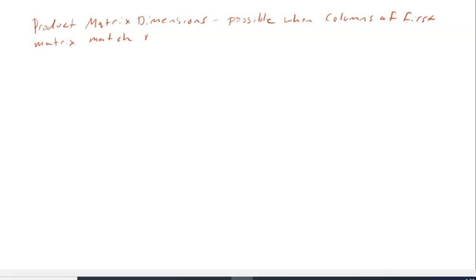Product, matrix dimensions. This is possible when the columns of the first matrix match the rows of the second matrix.